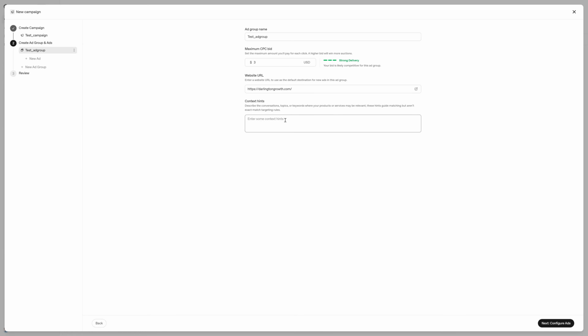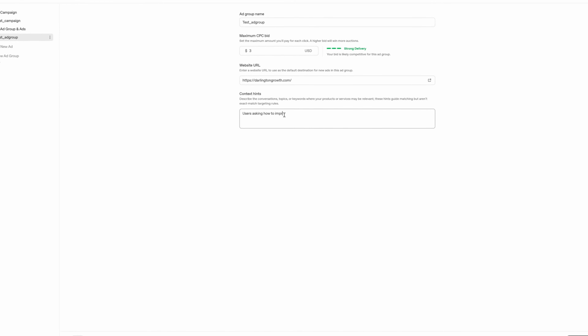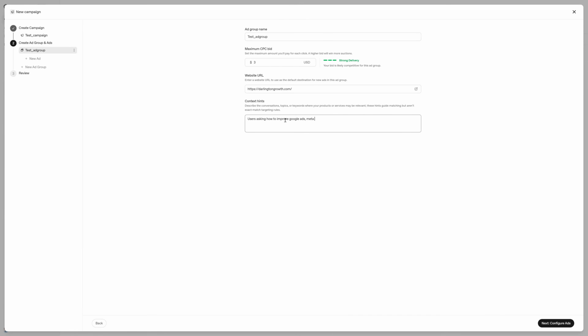That is all to say, I could ideally put in users asking how to improve Google Ads, Meta Ads, or ChatGPT Ads performance, lower costs per acquisition, and improve return on investment.